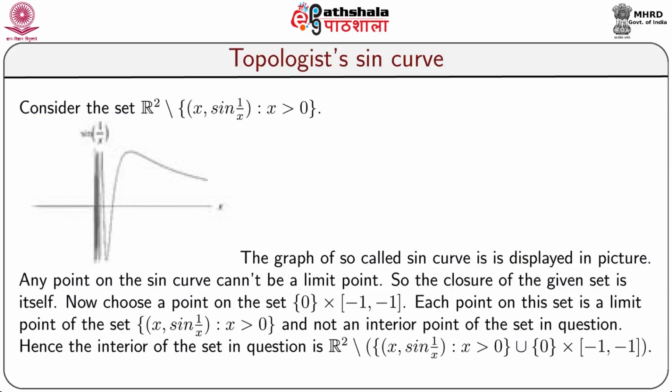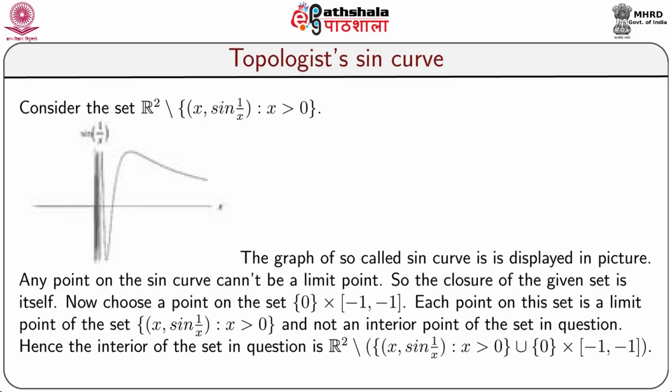This is a very important example. This is called the topologist's sine curve. The graph shown in the picture is generally called the topologist's sine curve. Its description is that it is the set of all points (x, sin(1/x)) such that x is greater than 0. Now, if this graph is removed from R2, what will be the interior and closure?